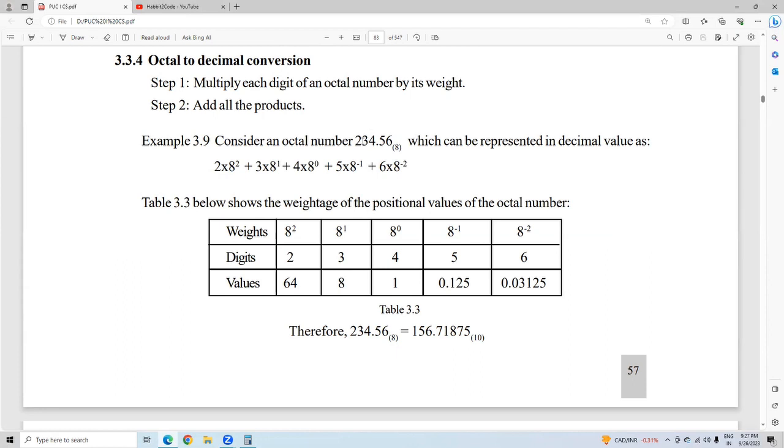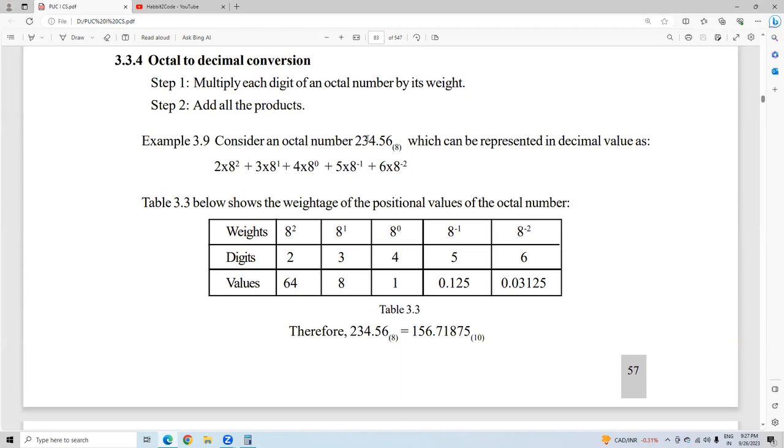See, the number to be converted is 234.56. It is an octal number, and if you want to convert this number to decimal notation, then every digit has to be multiplied by powers of 8. Before the decimal point, whatever we have is the integer part, and this is the fraction part.